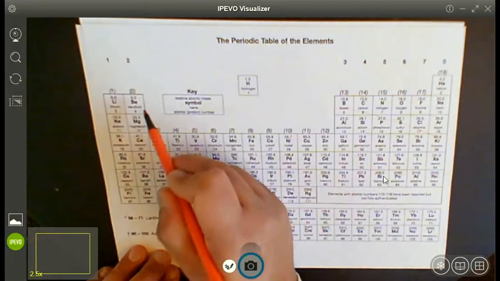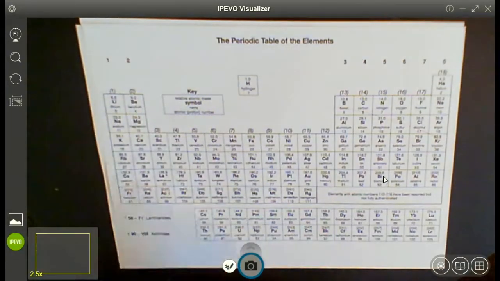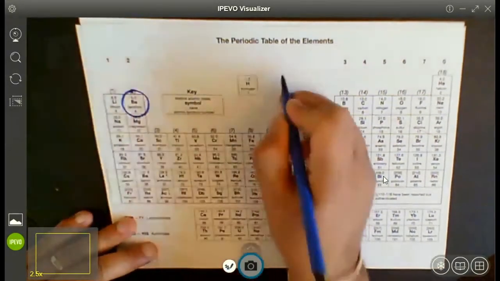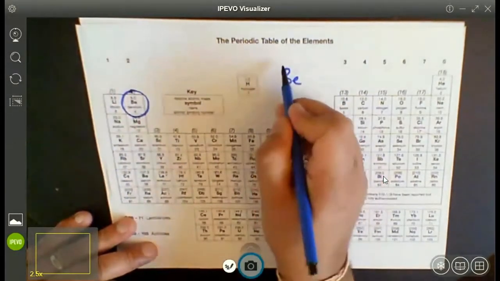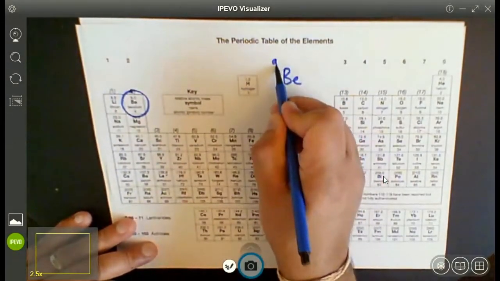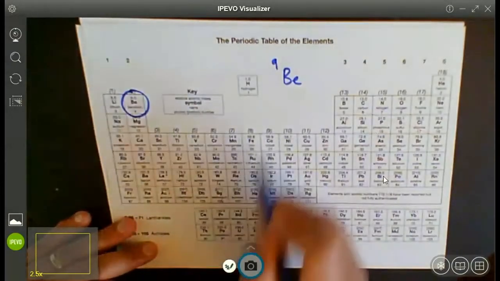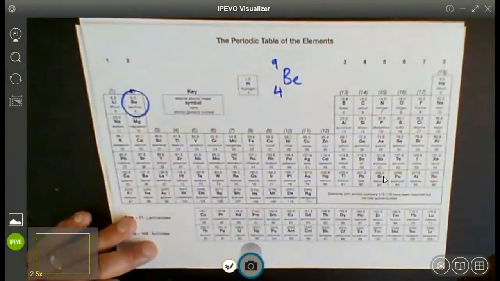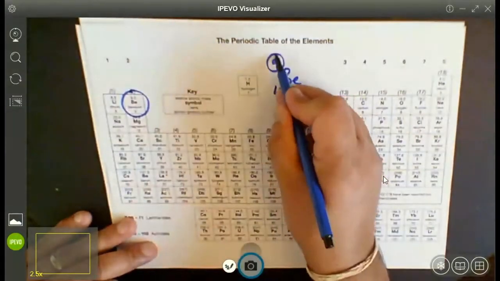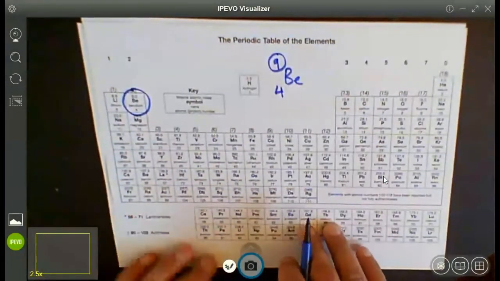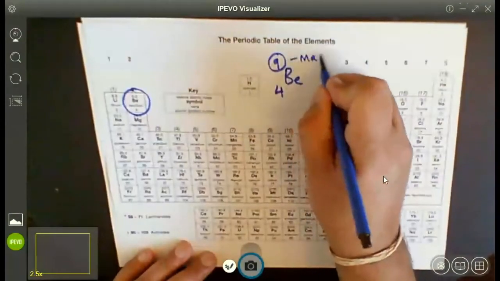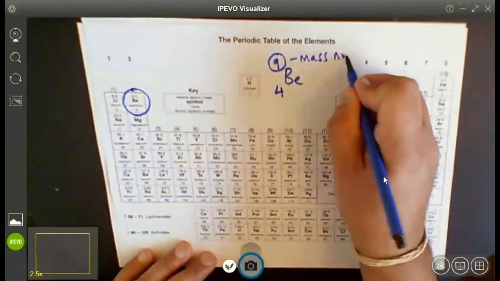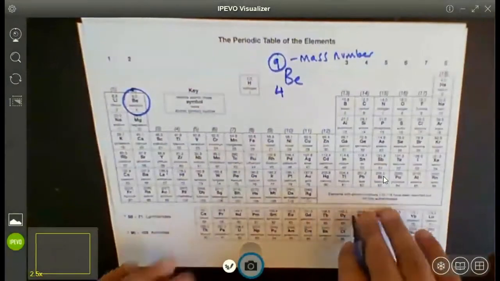I'm going to give an example, and I'll focus on beryllium. So Be has a relative atomic mass of 9, and an atomic number of 4. What's really important is that number 9, because that is the mass number, and the mass number is really important.